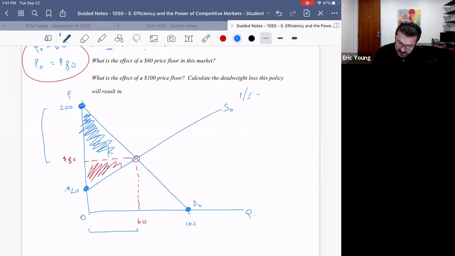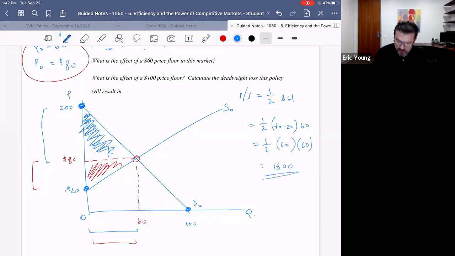As a triangle, it's still going to be 1/2 base times the height, except now, here's your height, same base. 1/2 of base times height equals 1/2 of 80 minus 20 times 60. 1/2 of 60 times 60, or 1,800.